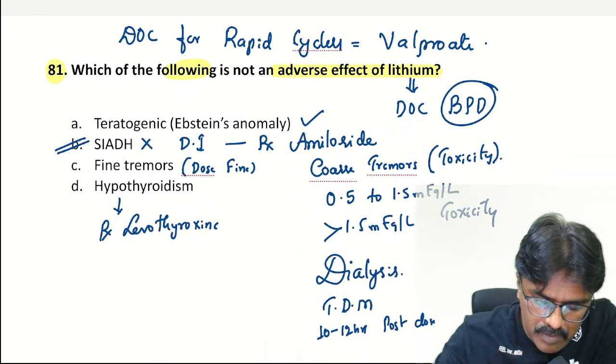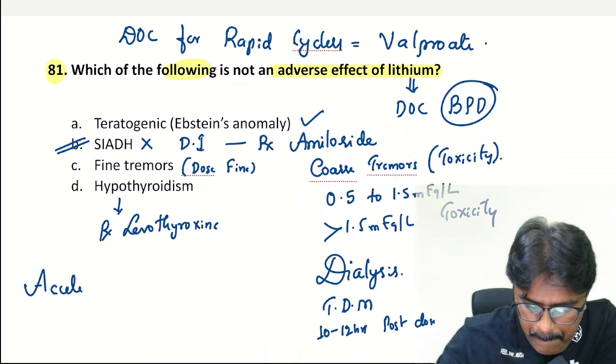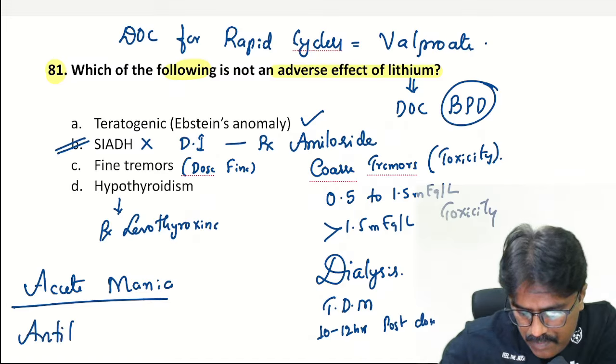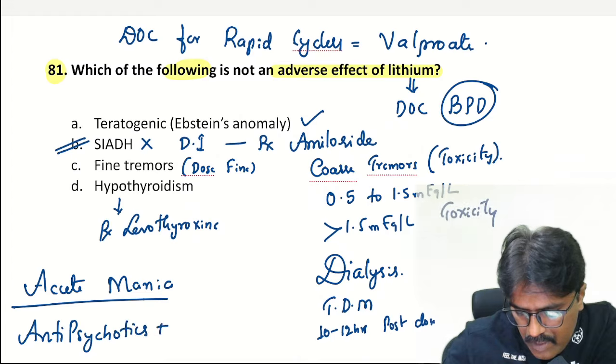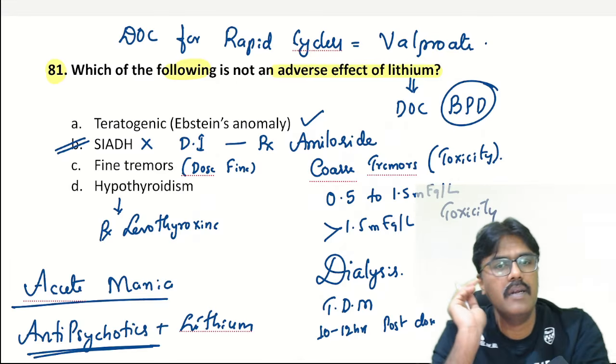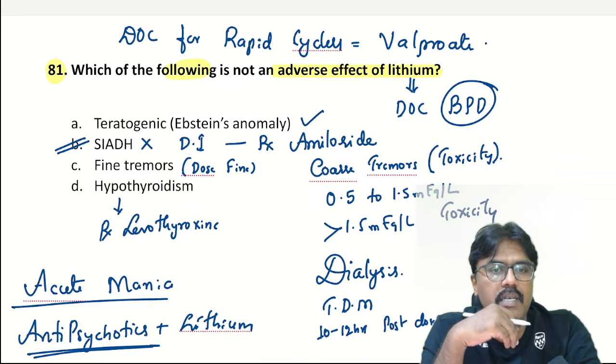Suppose a person comes with acute mania. Then what to do? Give antipsychotics plus lithium. Why not lithium alone? Lithium will not work immediately. Lithium takes time.